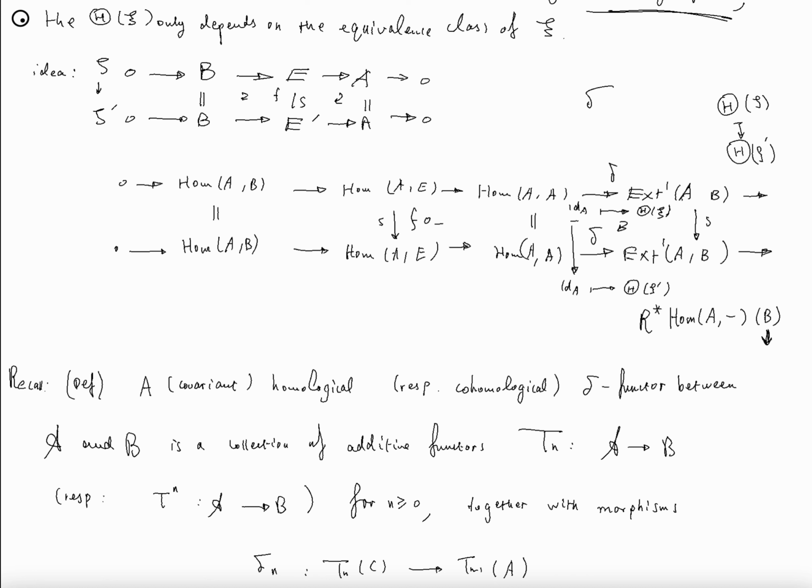I mean, in other words, here we are just using this map from B to B, to induce a map from Ext one of A to B, or in other words, Ext one of A to B.